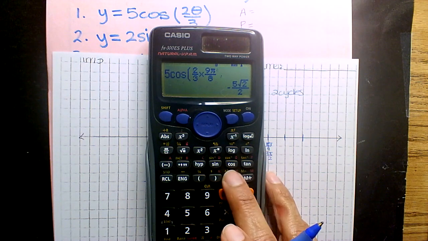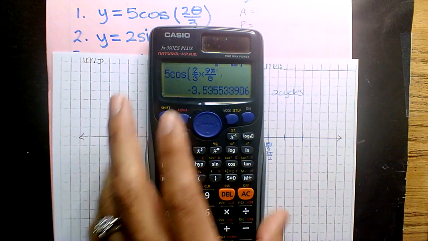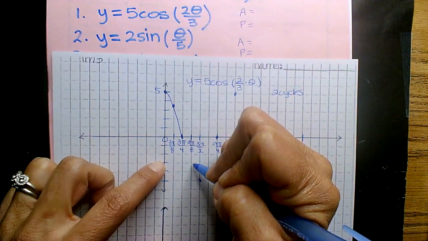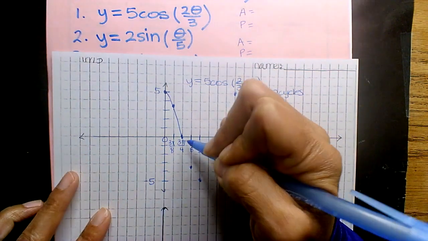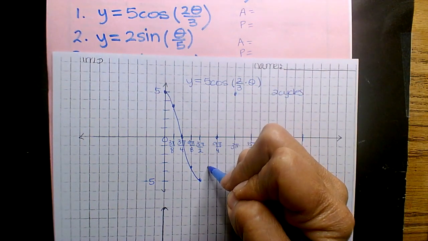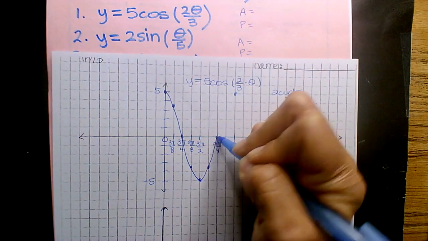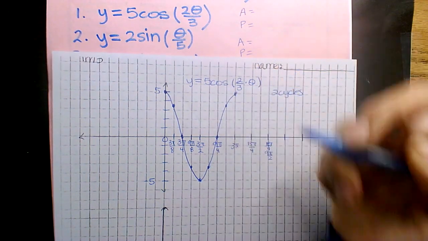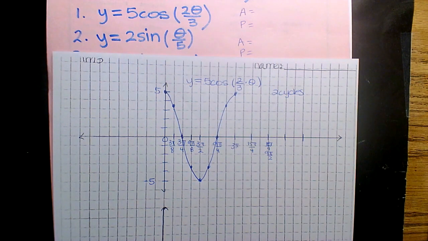I get negative 3.54 because there's symmetry. 1, 2, 3 here. And so look, it's coming right back down. And that's what it's going to be here, and then it's going to be here as well. And so there's my graph, and you have to do another cycle. Easy, huh?